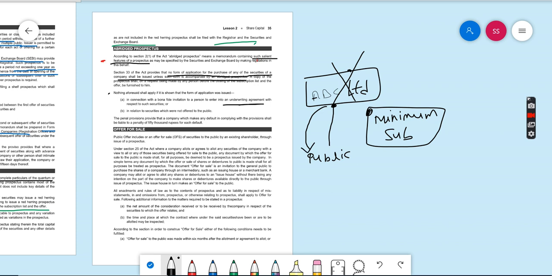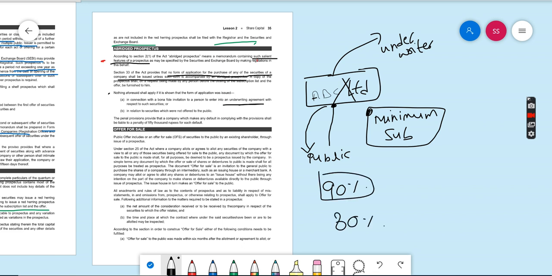In order to avoid that, the company will enter into an agreement with an underwriter. Let's just say minimum subscription is 90% and the public subscribed 80%, right?